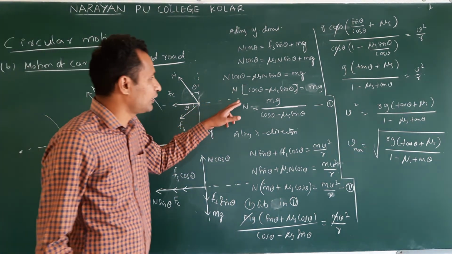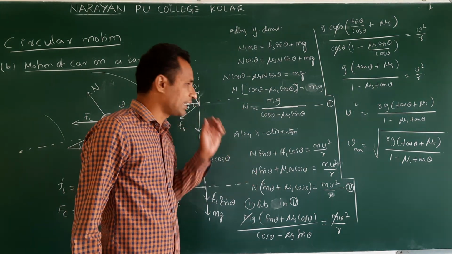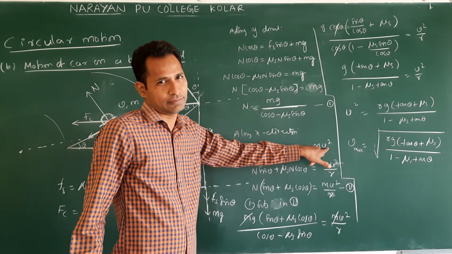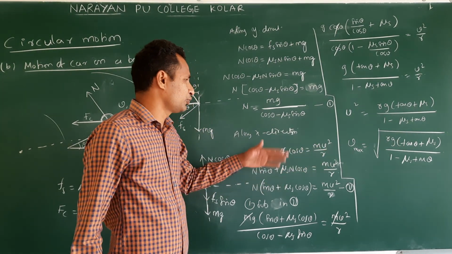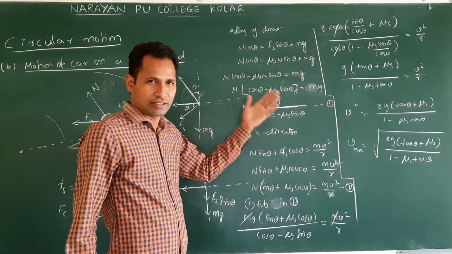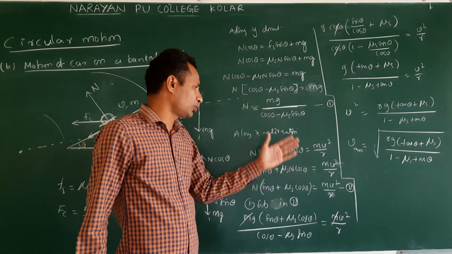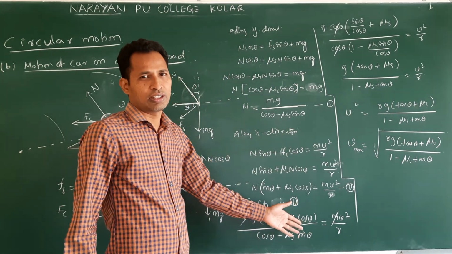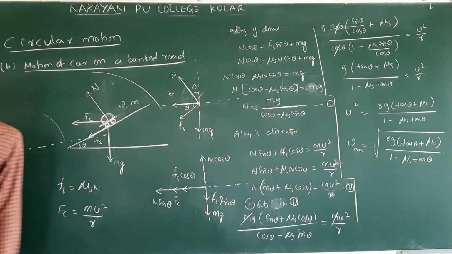From the first equation, I substituted n in the second equation. Why? Our interest is finding velocity. You may have wondered why don't you substitute n from the second equation in the first equation? It is also possible, but I avoid complicated equations, so I follow this. Clear? So make a note on this.